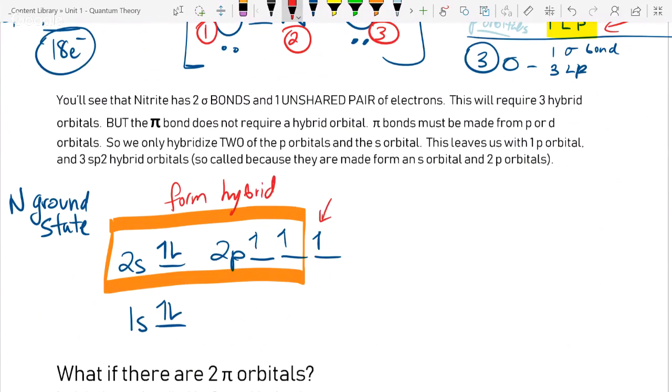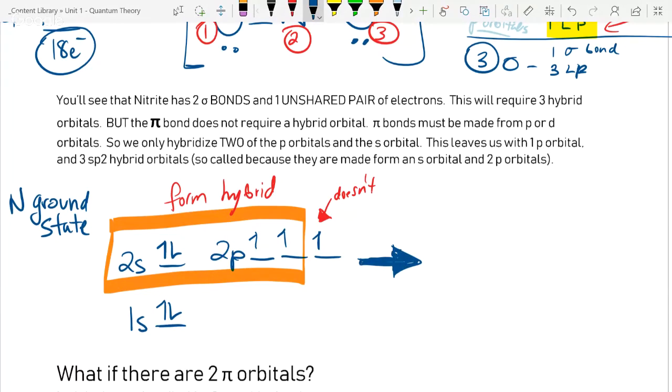And this doesn't. When we talk about the shape of bonds, we'll talk about why this is. Right now, I want you to just take it from me on faith that p orbitals are the only orbitals that can make pi bonds.